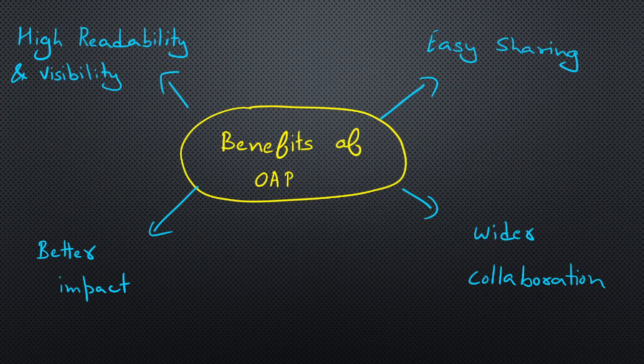So since these type of research paper are openly or freely accessible to the readers, there is high readability and visibility of such publications. Governments and academic research institutes also provide funding to these open access publications.